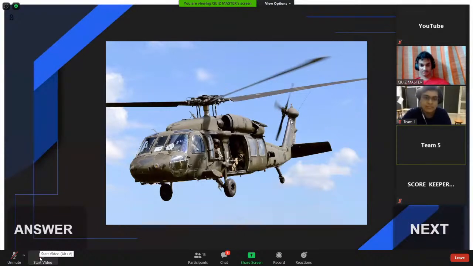Direct to team 5. Sikorsky SH-60. Do you want to give me the nickname? What is this helicopter called? I think it's Seahawk. Okay, so you guys were incredibly close. The Seahawk is the maritime naval version of this helicopter, but this helicopter is the Army Air Force helicopter.